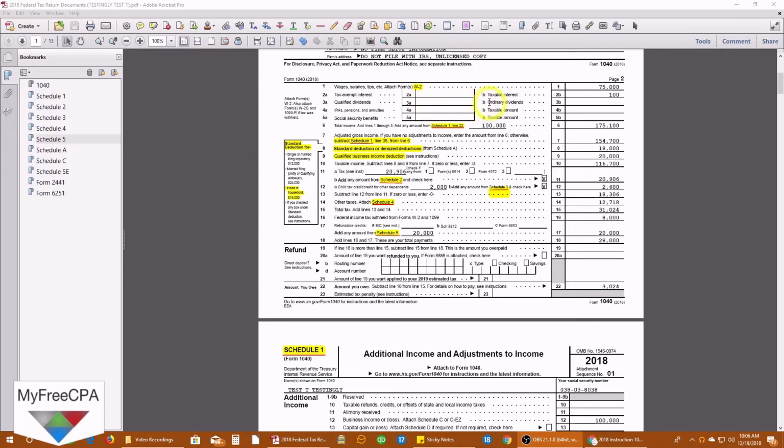If not, you have an ordinary dividend with ordinary income, it's going to go here. Followed by IRAs, pensions, and annuities that get distributed to you. Those are going to go on line 4B. Followed by Social Security benefits, non-taxable or taxable. All the taxable stuff gets added up.